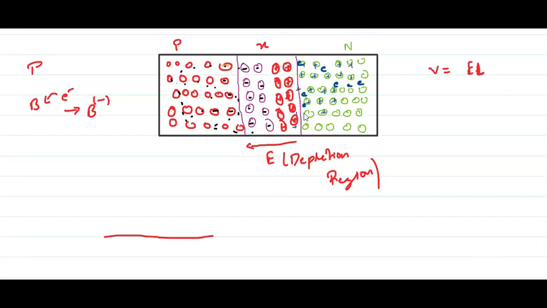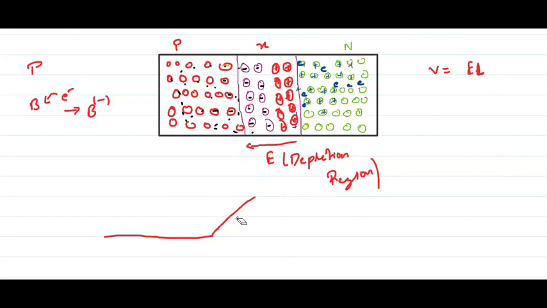And positive charges here, negative charges here. Potential will be more at where? At positive charge side or negative charge side? Since there is electric field, we will have potential difference and it will increase like this.